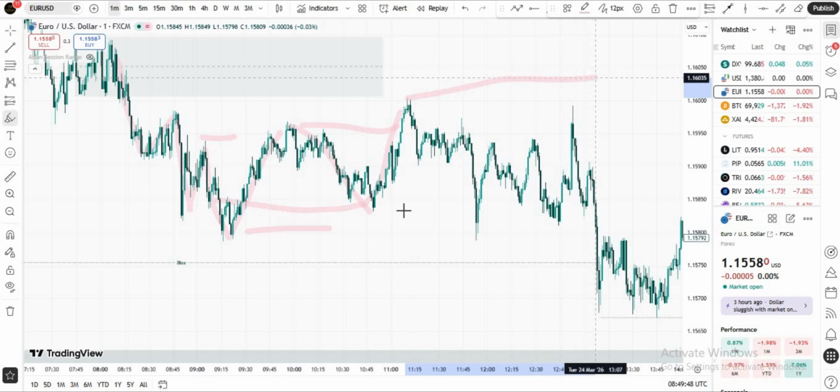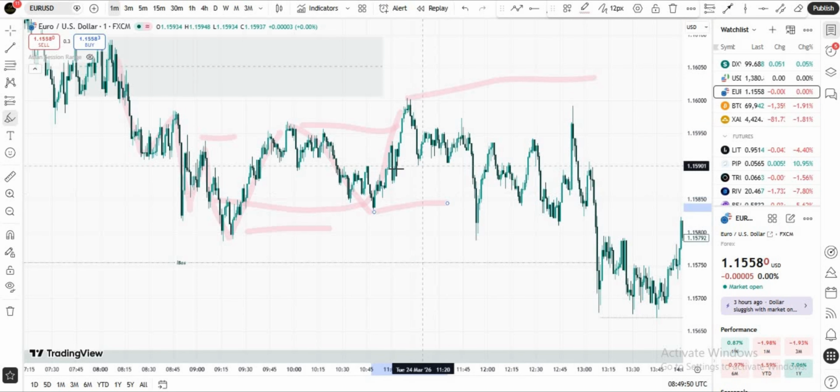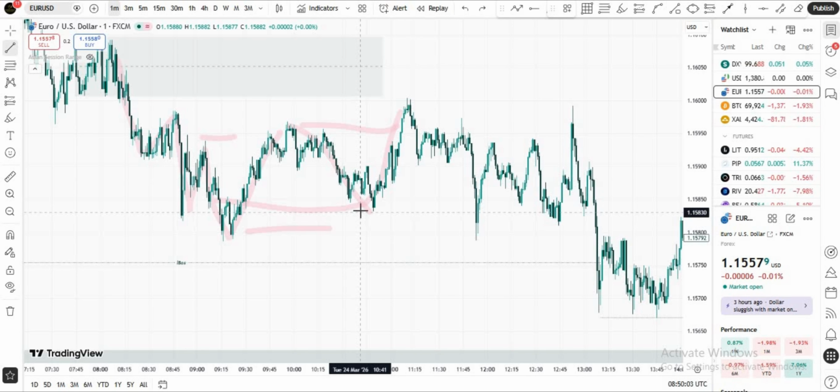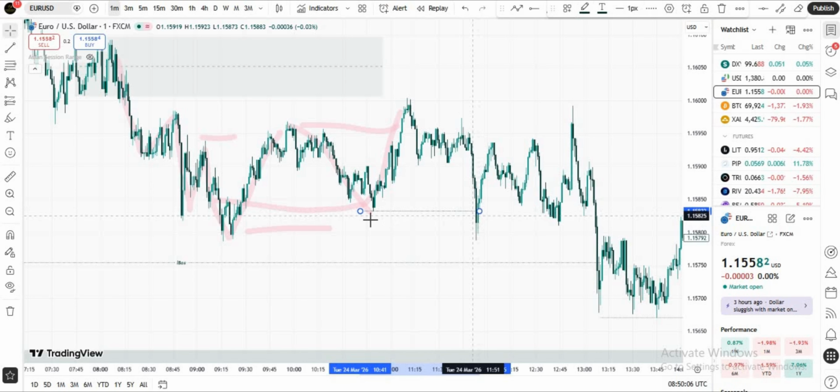Then this became a high and this became the low. At some point price came down and just boom, took out this low again, which gave us the fractal break of structure again, right?